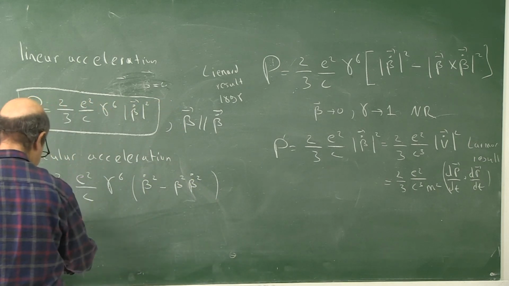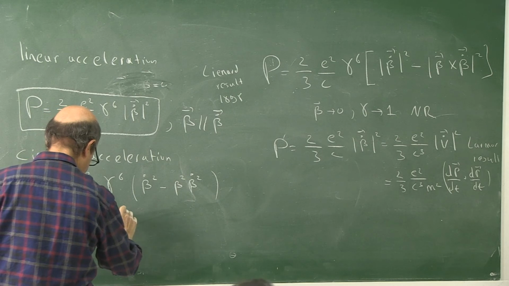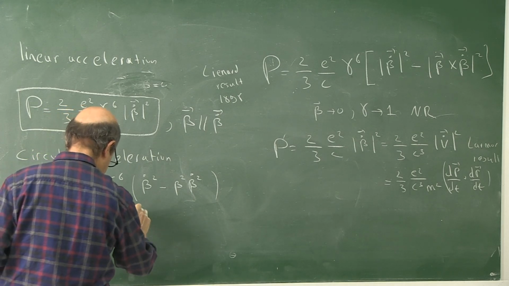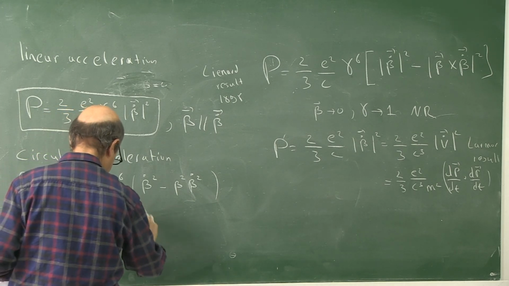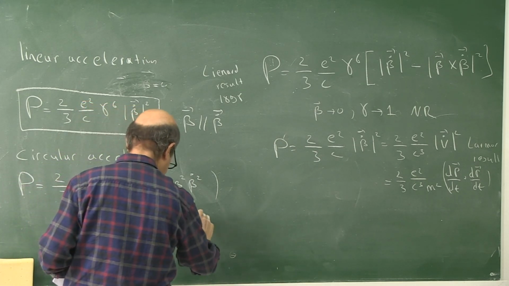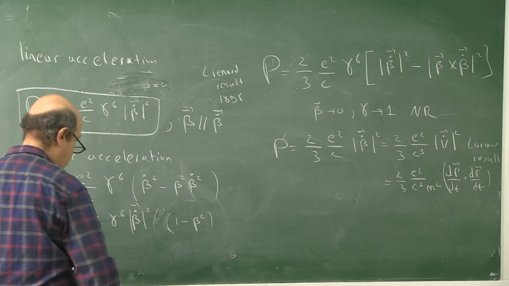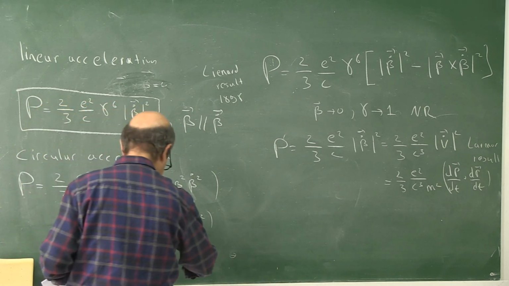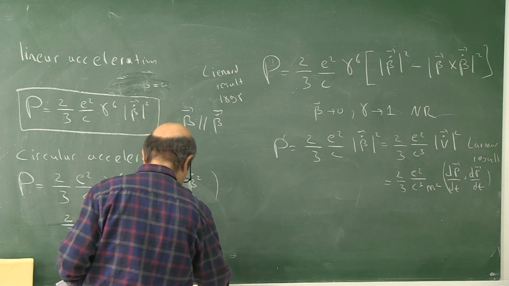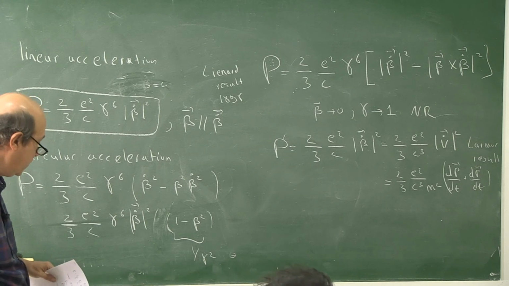If you take beta dot square out as a common factor, you will have 1 minus beta square, and 1 minus beta square is 1 over gamma square.